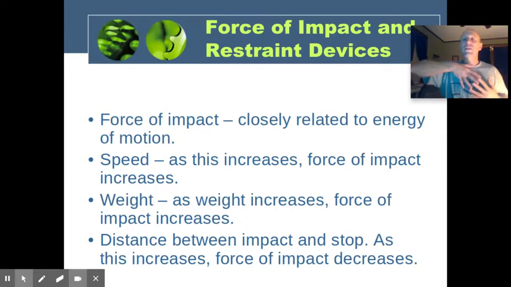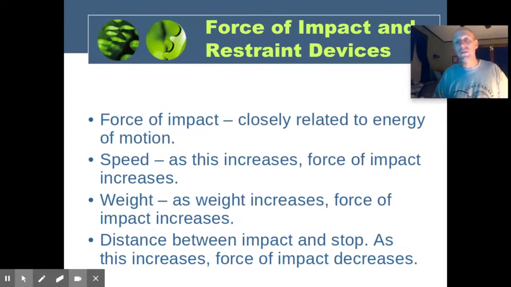And so what that does is that seatbelt is stretching, it's slowing you down, but yet still letting you move forward a little. And that process of slowing you down while you move forward greatly reduces the force that's applied to your body. If that seatbelt were super rigid and didn't move at all, then all of that force would be applied to the tissues of your body. So that seatbelt takes some of the force for us so we don't get the full impact of it.